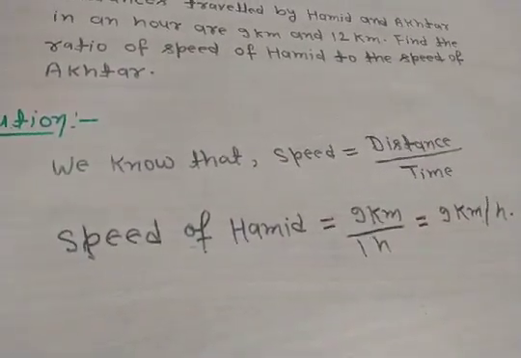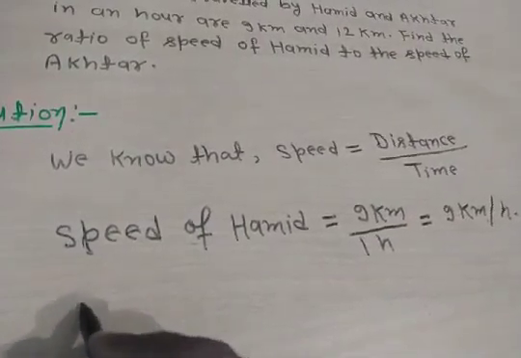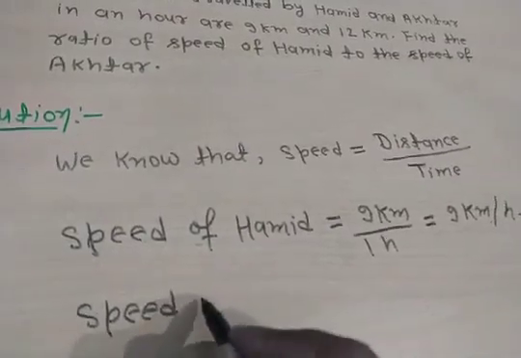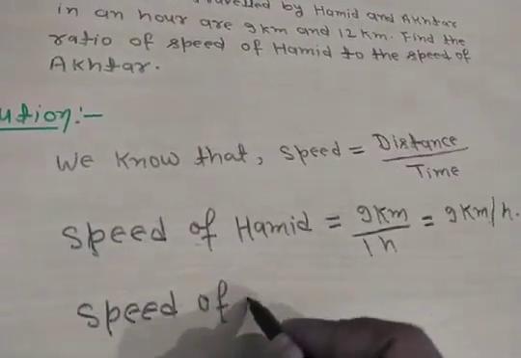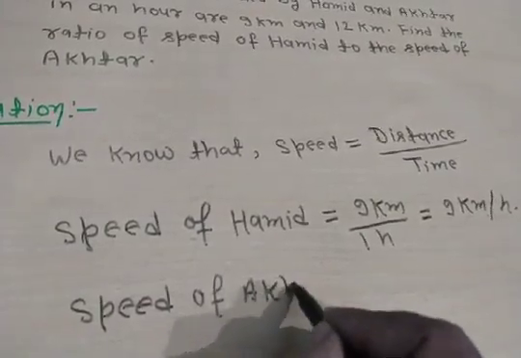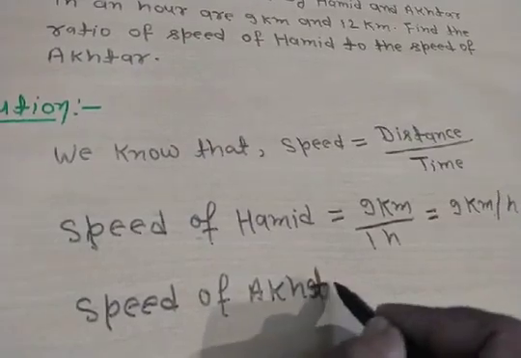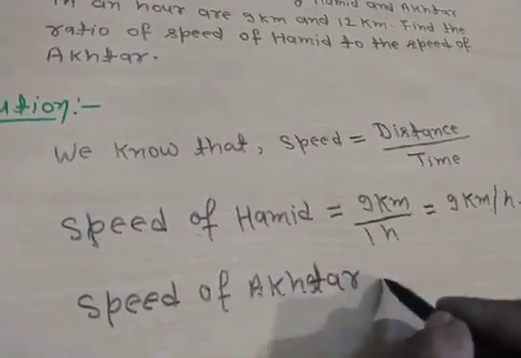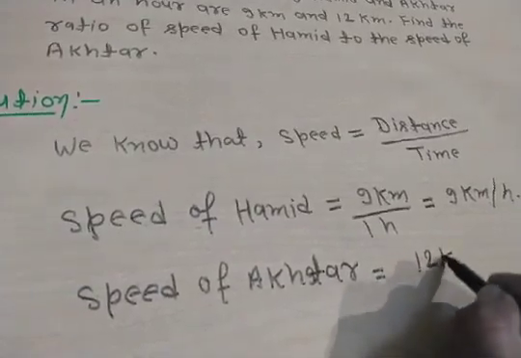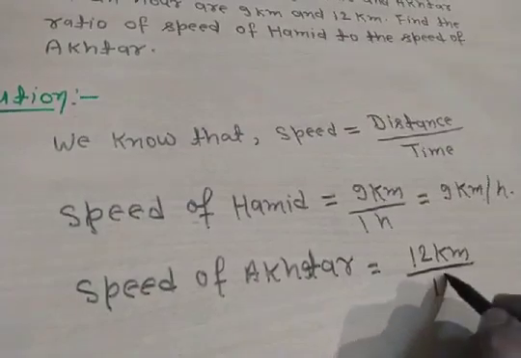And now we find the speed of Akhtar. Speed of Akhtar is equal to 12 km upon the time taken, 1 hour.